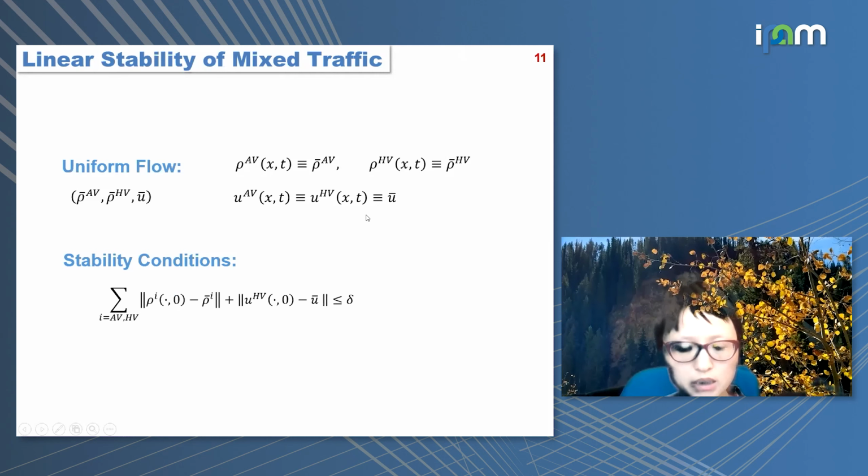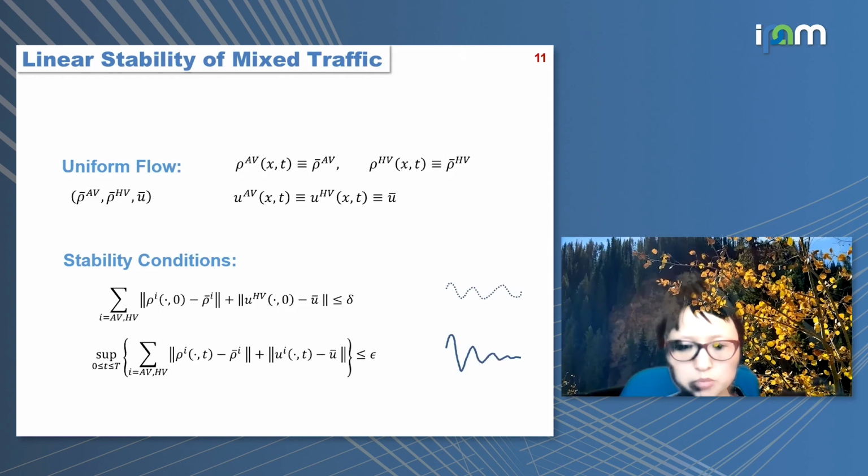For the stability condition, if we perturb the initial density, then the velocity and density profile, as time evolves, won't increase the magnitude of the perturbation. So we call it the linear stability condition.